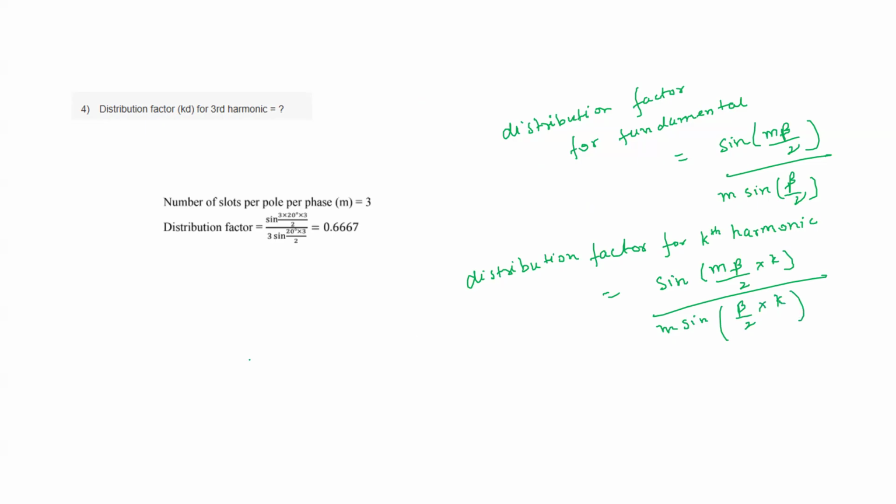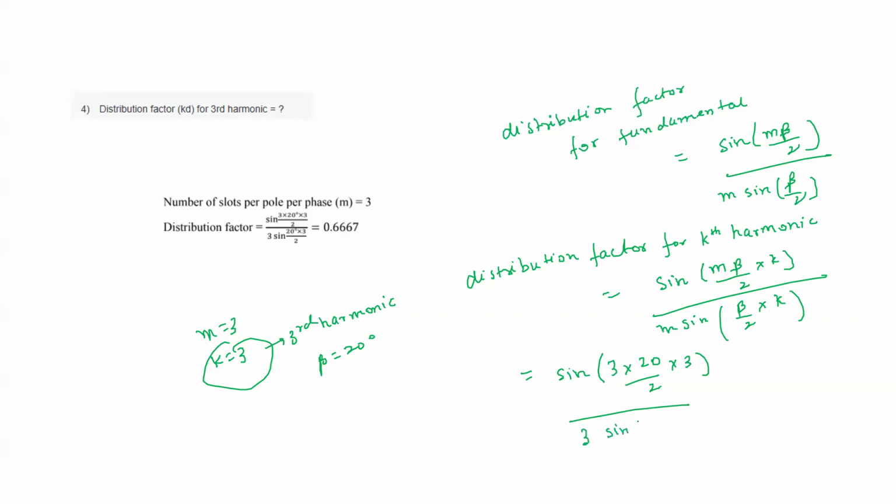Here m is 3, k is also 3 because it is for the third harmonic, and beta is already 20 degree. If you calculate this, you will get 0.667.